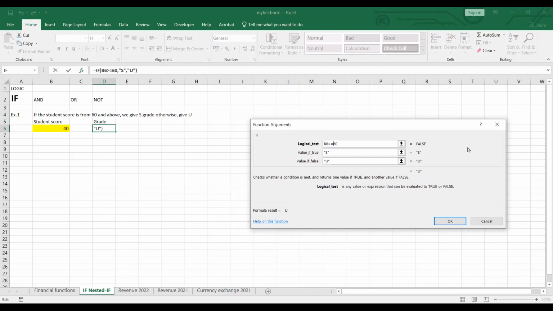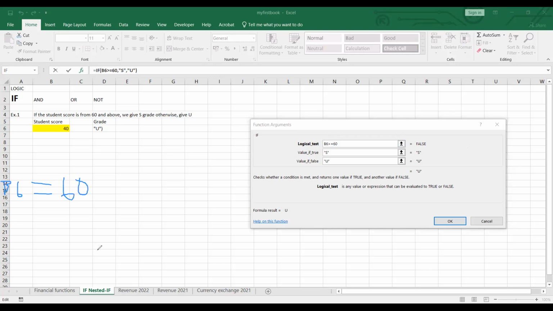So there are a couple of logical operators that you can use in the logical test. First, it is equal to. You just put the equal sign. For example, if B6 equals 60, you just enter B6 = 60 like this.